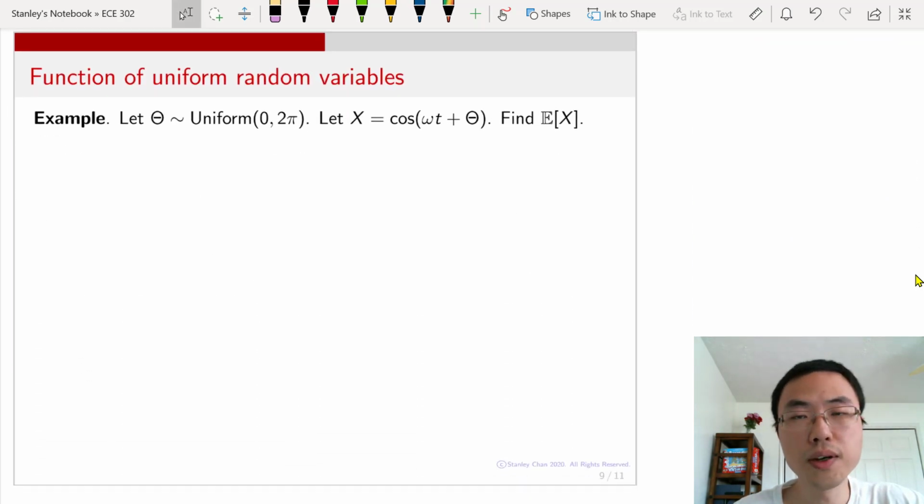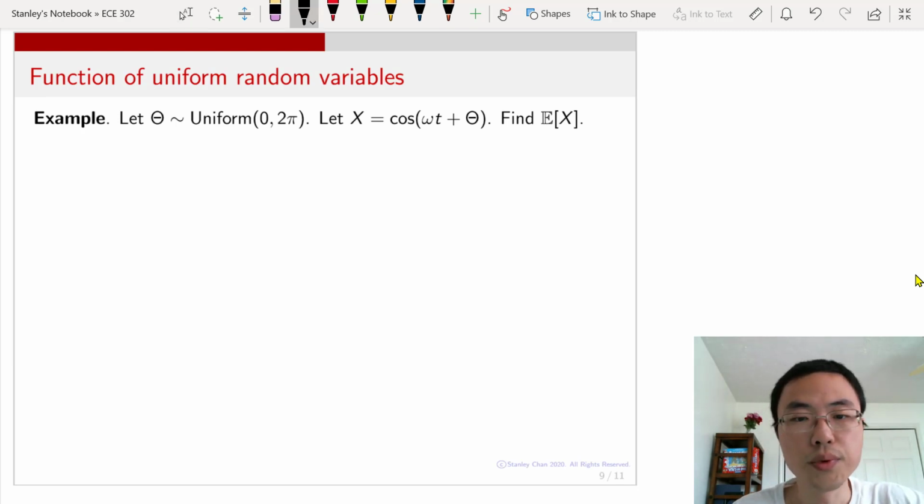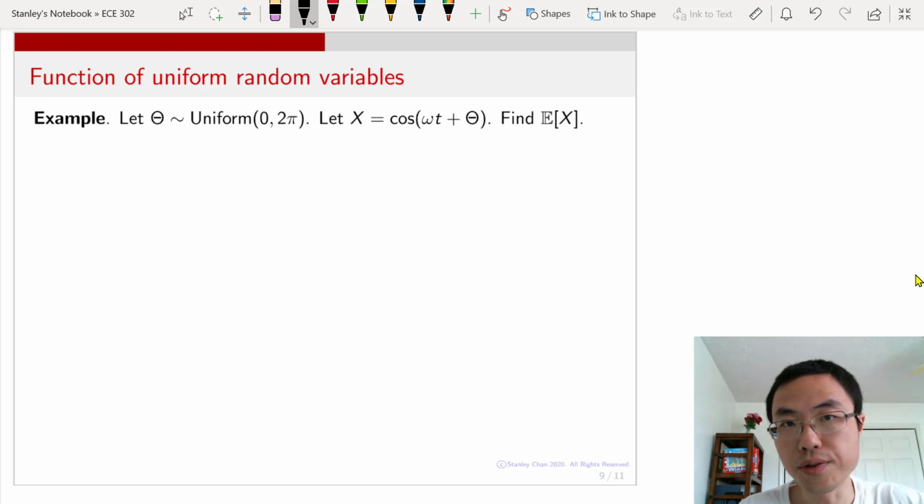Finally, I want to talk about a very particular example of how to define a transformation of a random variable, and then we want to find the expectation. The technique was already discussed when we talked about the expectation, but I want to use this uniform random variable to do an illustration. Let's say that you have a random variable theta. It is distributed according to a uniform distribution from 0 to 2 pi.